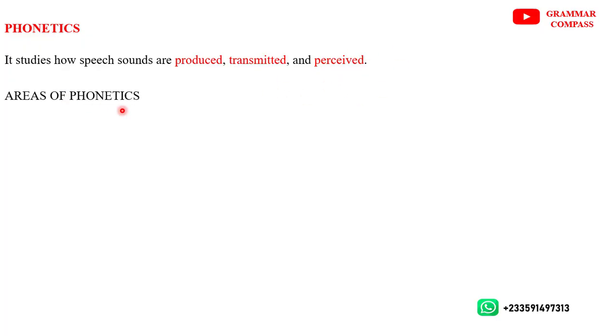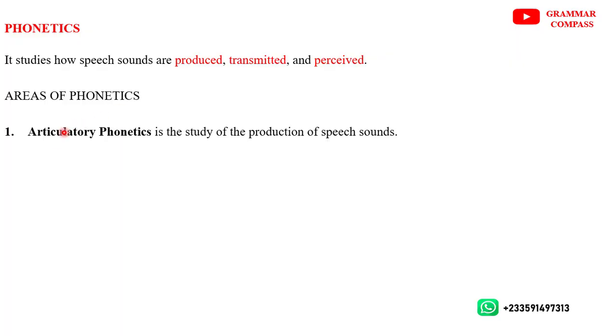Let us talk about the areas of phonetics. The first area of phonetics is articulatory phonetics, and this is the study of the production of speech sounds. The key word here is production. It studies the movements of the tongue, the shape of the mouth, and the use of vocal cords, all the physical actions involved in speaking.